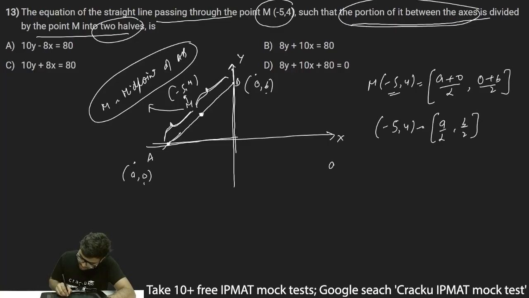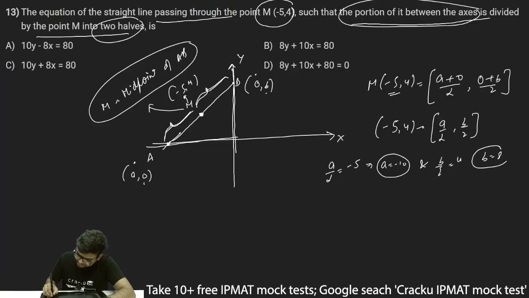From here a by 2 is equal to minus 5, which gives a equal to minus 10, and b by 2 is equal to 4, which gives b equal to 8. Thus this point is (minus 10, 0) and this point is (0, 8).